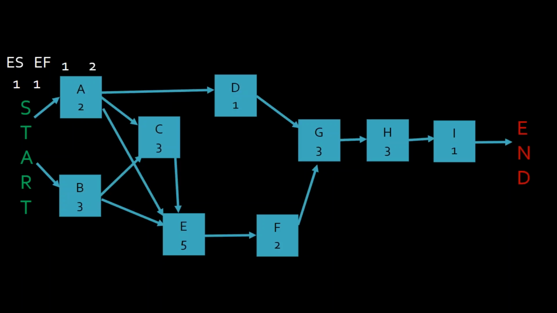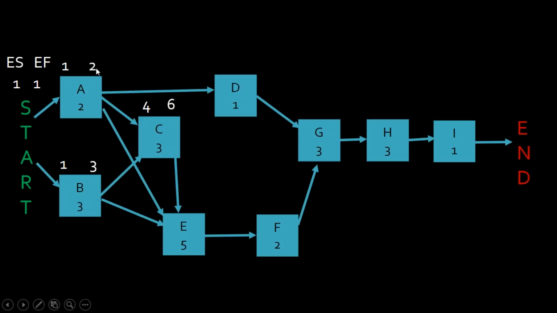Now let's go to task B. And as we know, task B can start as early as day one because there's nothing stopping it. And it finishes at the end of business day three. That's all of day one, all of day two, all of day three because it's a 3-day duration, right? Now let's move on to C. C cannot start. Remember, we have dependencies to consider here. C cannot start until both A and B are finished.